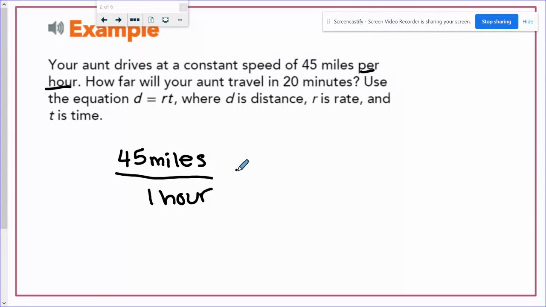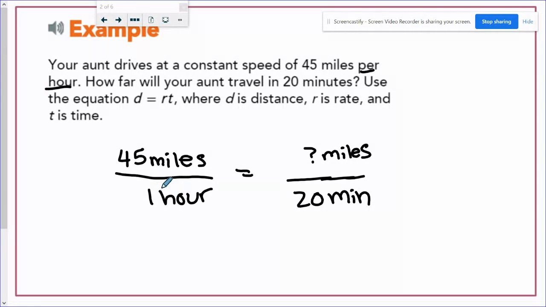How far will your aunt travel in 20 minutes? So we know that your aunt is going to be driving for 20 minutes. We do not know how far she's going to get. That's what we're trying to figure out. So 45 miles to 1 hour would be how many miles to 20 minutes?